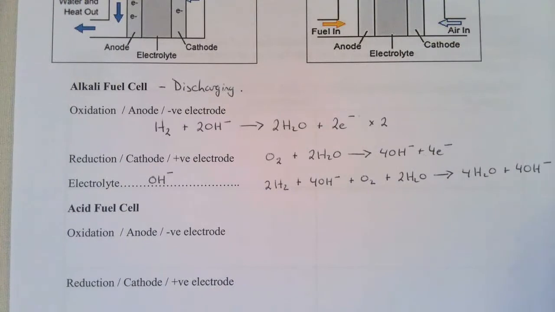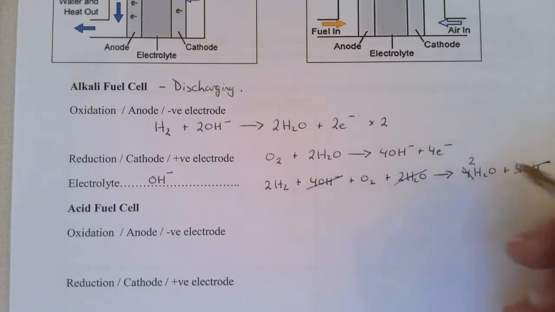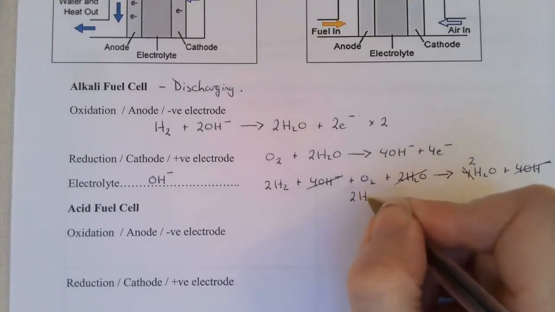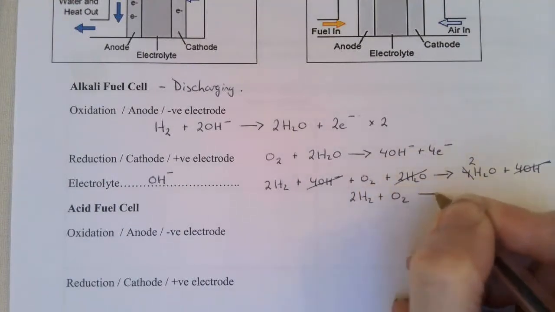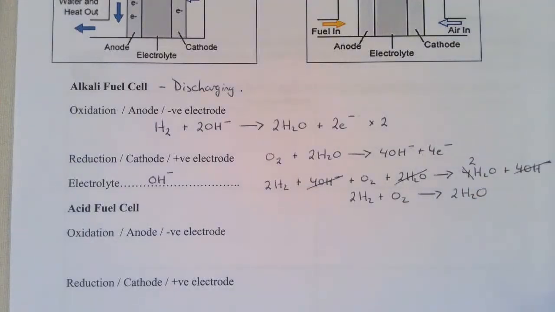Should be very easy to see. You can cancel some things. So you can cancel the OH negatives because they're the electrolytes, they pass across. 2 of the waters get cancelled here, and we just get 2H2 plus O2 going to 2H2O. So overall we're combining hydrogen and oxygen to make water.